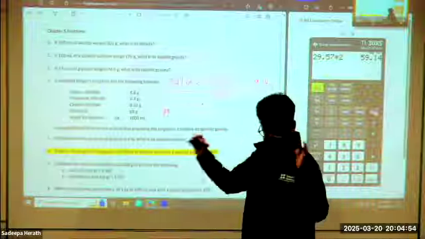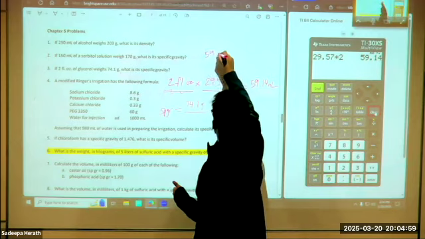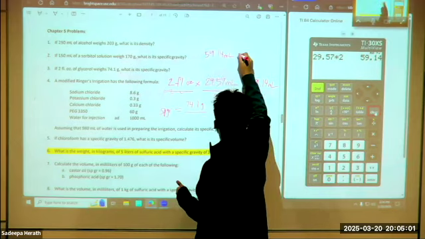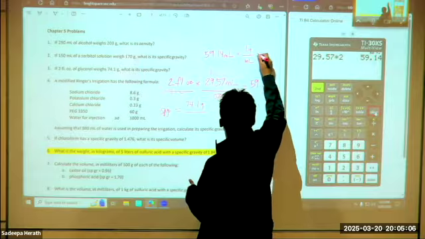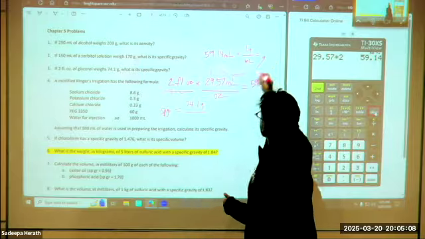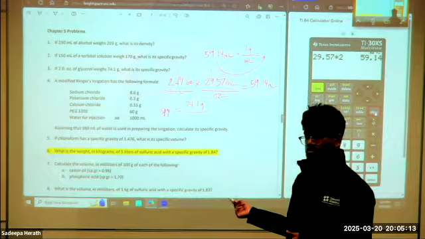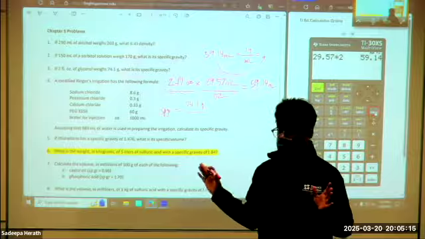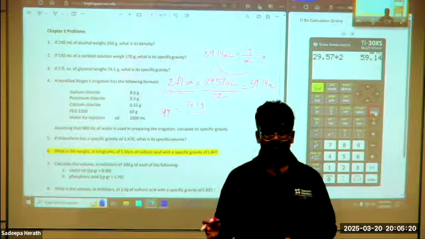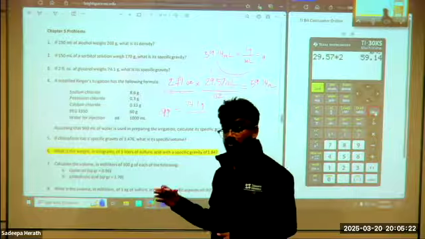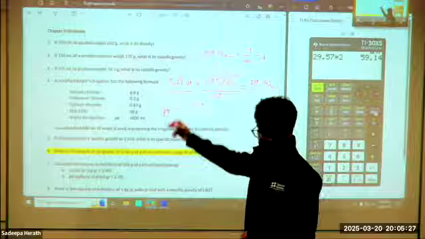So just think of it conceptually. This is why we're doing this. 59.14 ml times 1 gram per ml equals the same thing. That's why we get 59.14 grams of H2O. If there were another substance and they give you the density of that as well, you would know to multiply by that density to get the grams of that other substance.